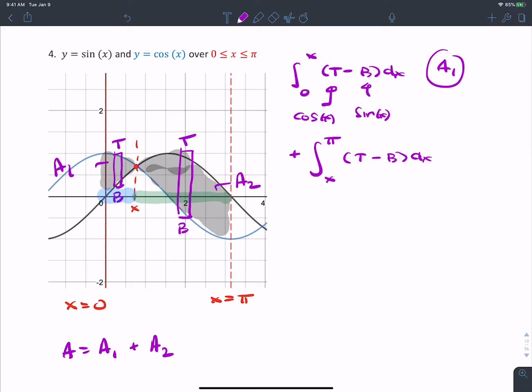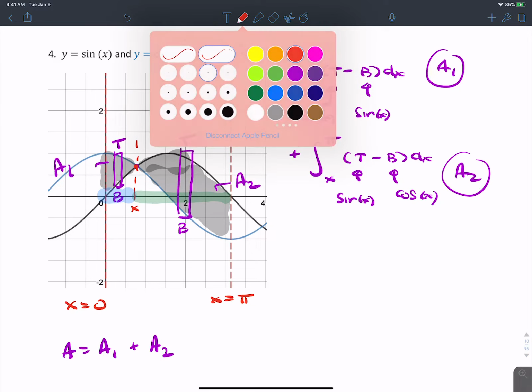It's the black curve. That's sine. And the bottom curve is cosine. This is that second area. The only thing we have to find is what is that x value? And I'll put that in red because it'll stand out, right?